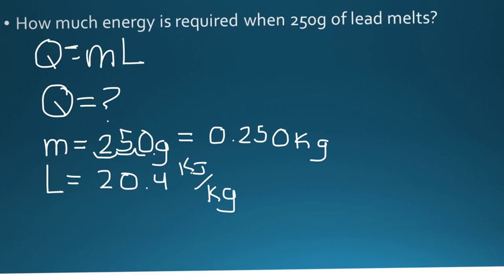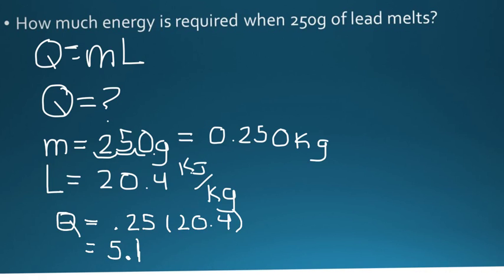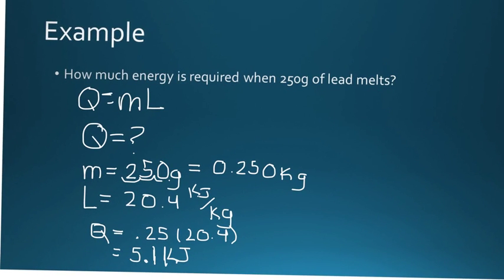Okay, I'll substitute my variables in. So Q equals mL. Q equals 0.25 times 20.4. When I do the math, I end up with 5.1 kilojoules. So it would take 5.1 kilojoules of energy to melt 250 grams of lead.